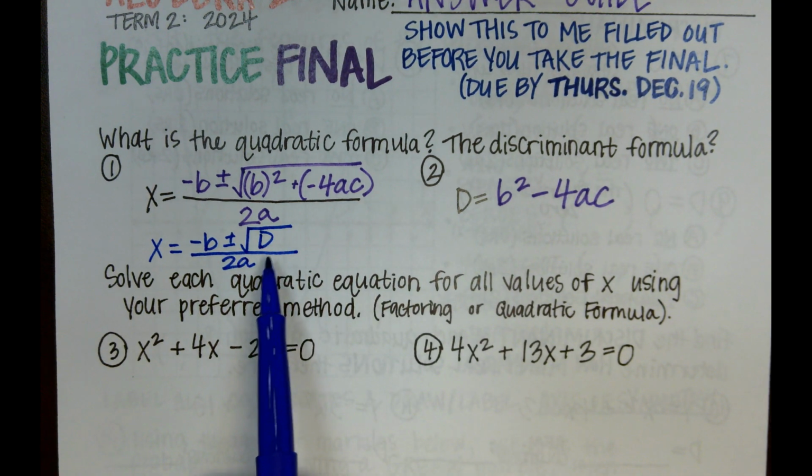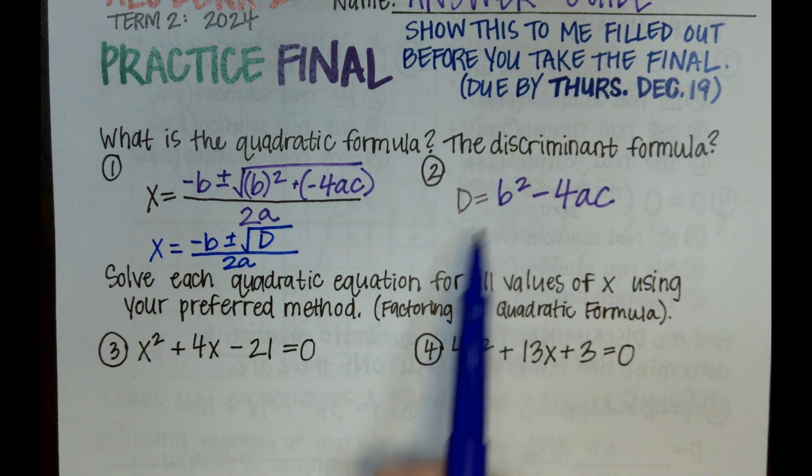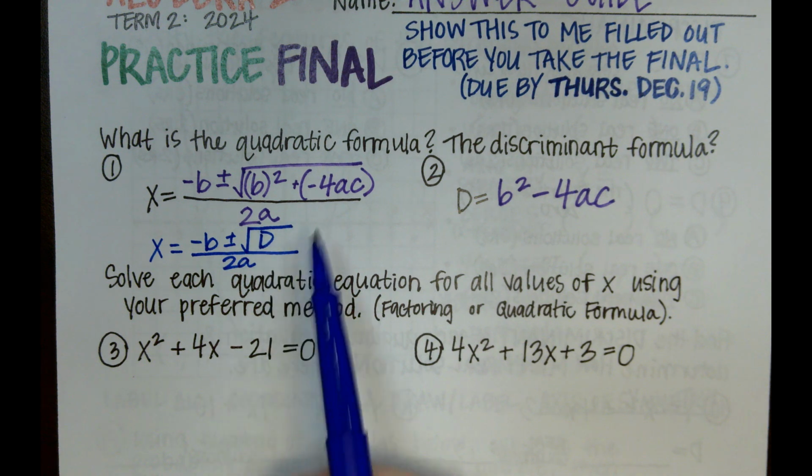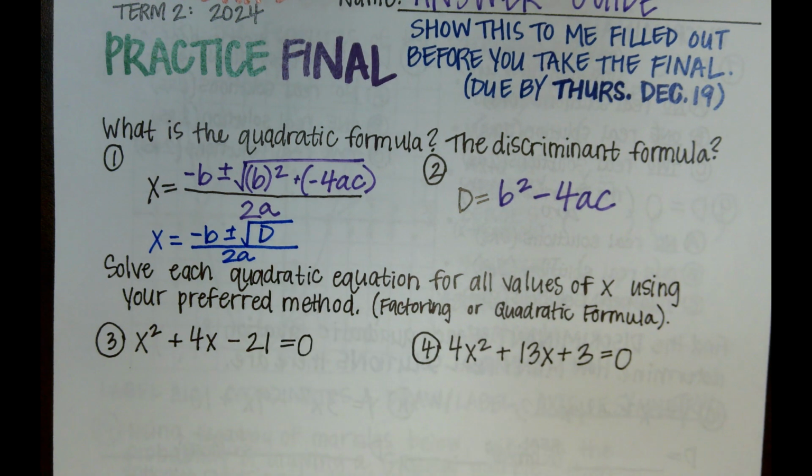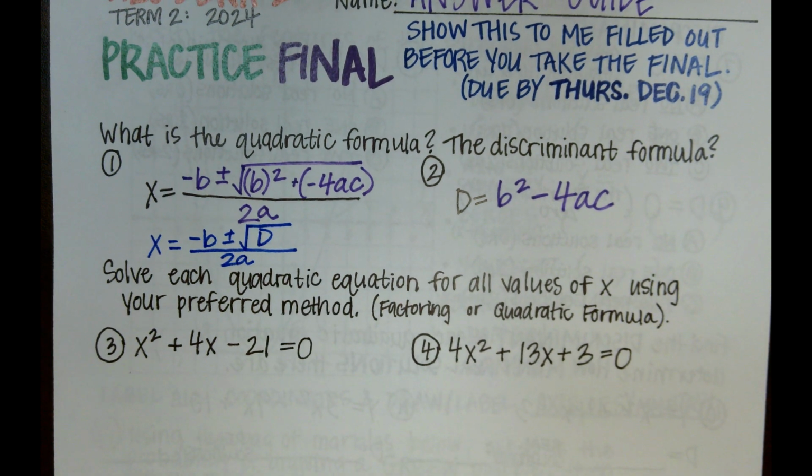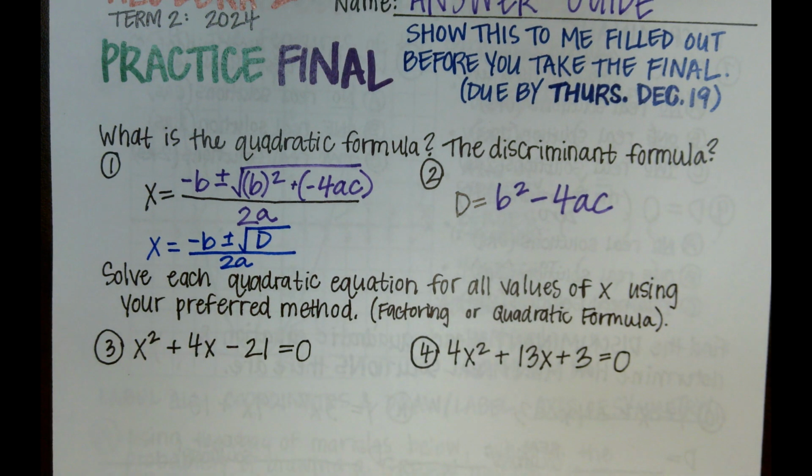So you find your discriminant first and then plug it into your square root. You'll get the same answer either way, just a different way to organize it. Any questions about either of those formulas?